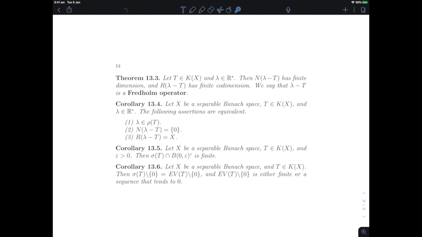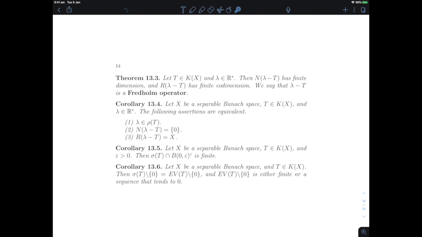Now, the way you get that is, well, with the proof of corollary 13.5, you get the fact that it has to be a sequence or a finite set, and that if it's a sequence, the only possible limit point is 0. And then from corollary 13.4, you get the fact that if you are an element of the spectrum, then you're not in the resolvent set, and 2 cannot hold, therefore you have to have an eigenvector, therefore you have to be an eigenvalue.